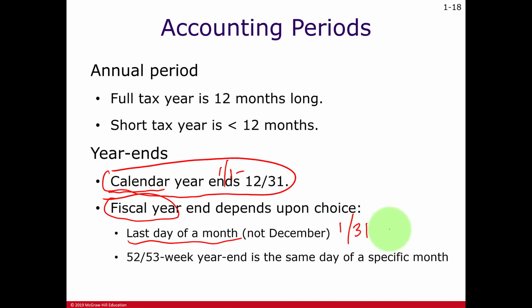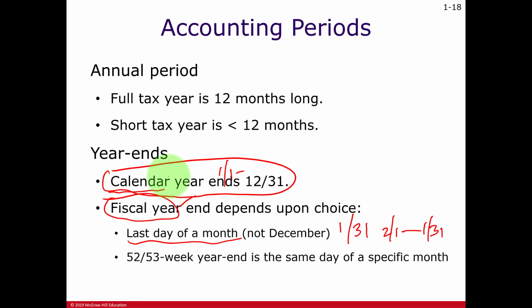The next day would be February 1st, but then that's February 1st from the previous year through January 31st. So here's the start of the next year, going all the way through 12 months to January 31st.